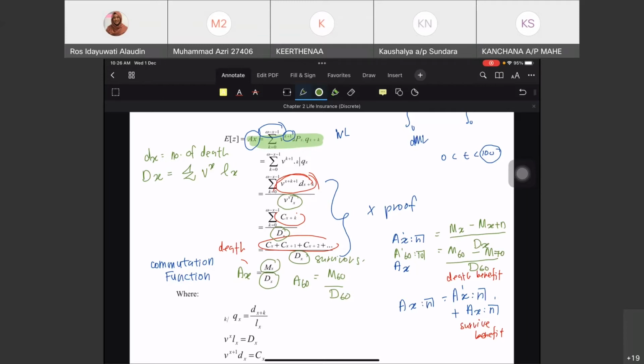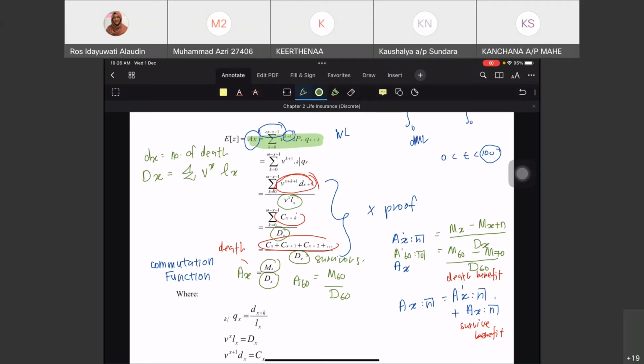Is it okay so far? It's just easy because we just have to refer to the table, but you have to know which formula you have to use for that particular case. If it is whole life insurance, you need to use the formula for whole life insurance.